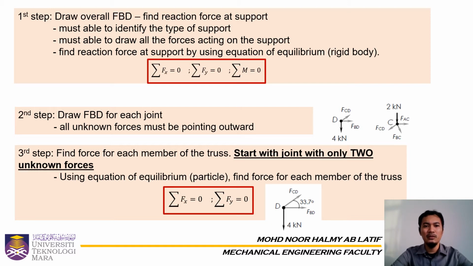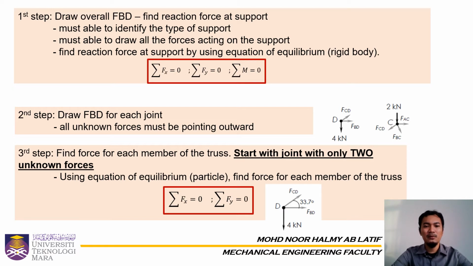During this process, there are several things you need to know. First is to identify the type of support that we have. Then you must be able to draw the forces acting on the support, and solve it by using the equations of equilibrium of a rigid body: summation of force in x equal to 0, summation of force in y equal to 0, and summation of moment equal to 0.